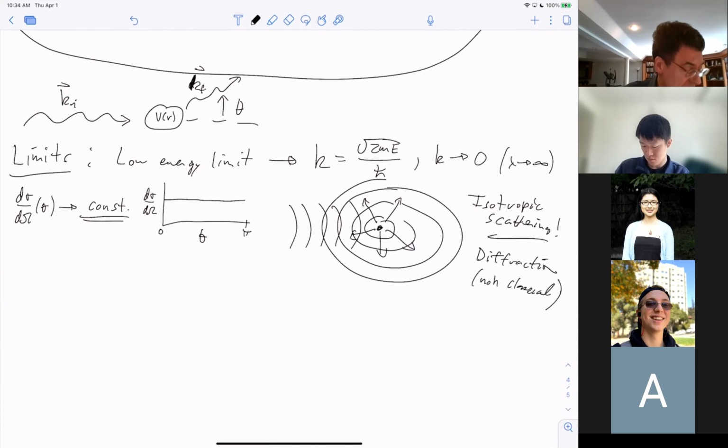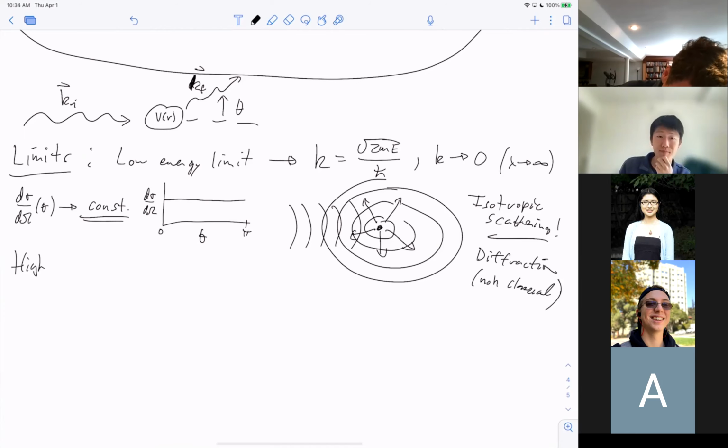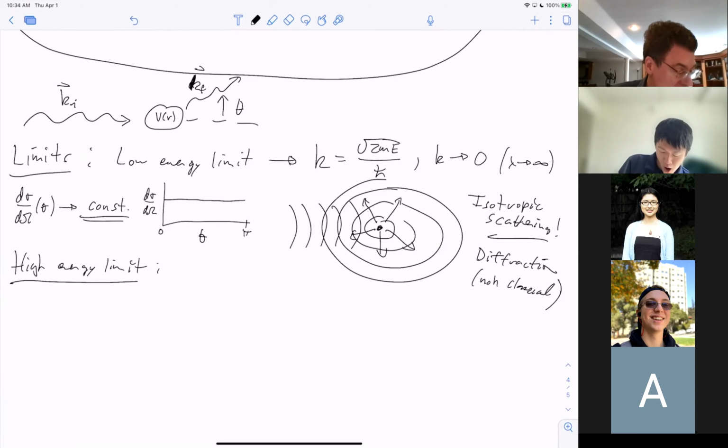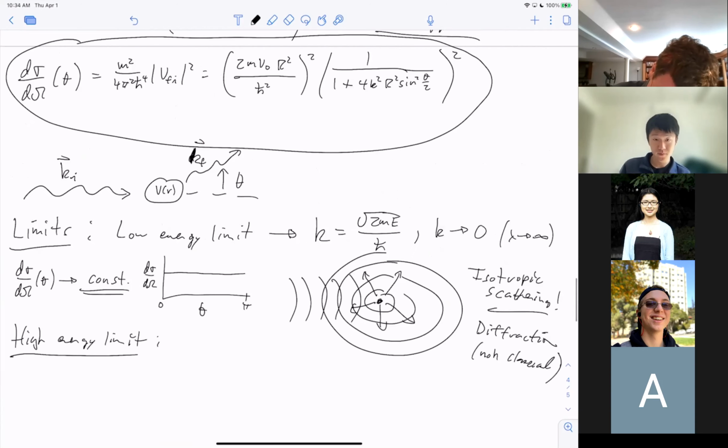We get isotropic scattering. But now let's consider the high energy limit. And the high energy limit, of course, is now k goes to infinity.